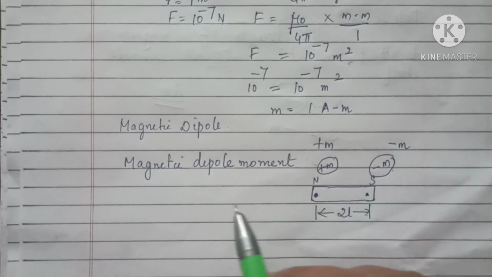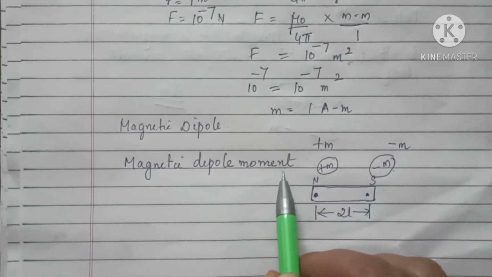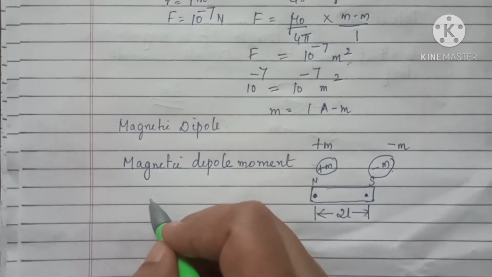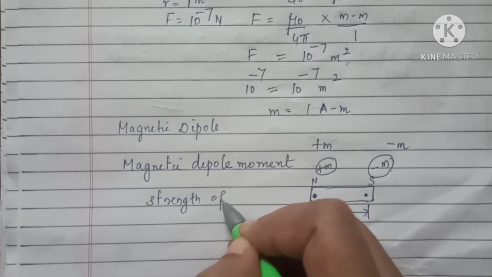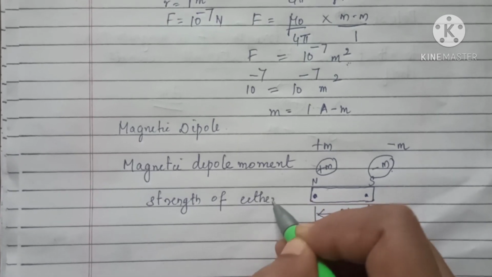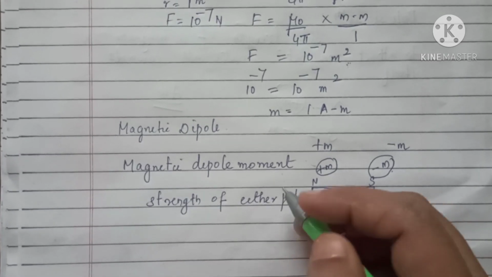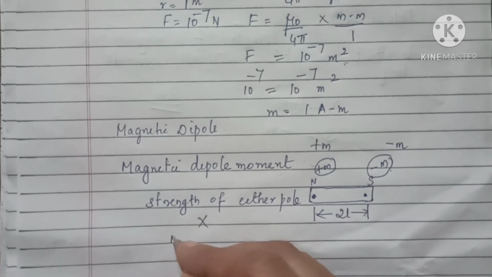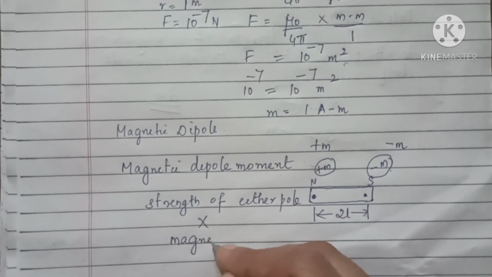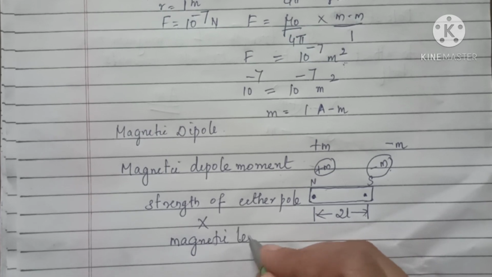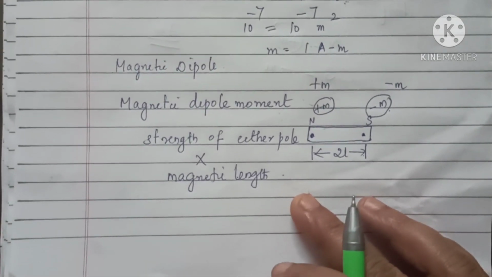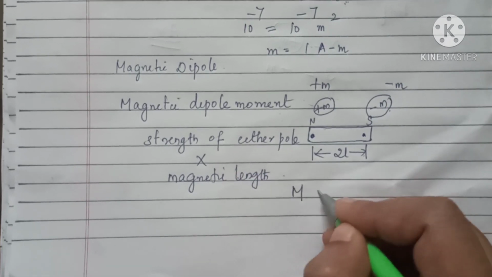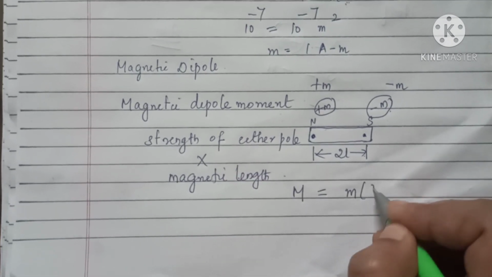So here magnetic dipole moment is the product of the strength of either pole and the magnetic length. Okay, so how can you express the magnetic dipole moment? It is denoted by the letter capital M, which is given by small m into 2L.